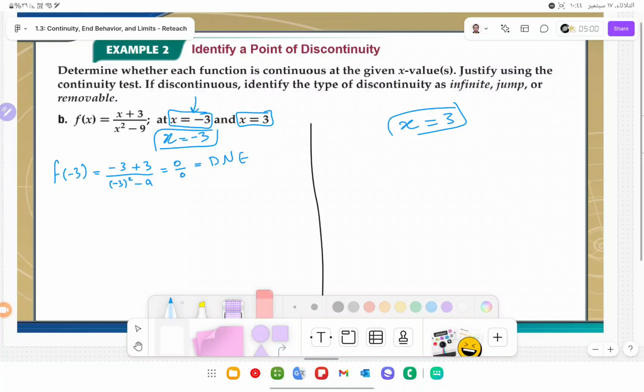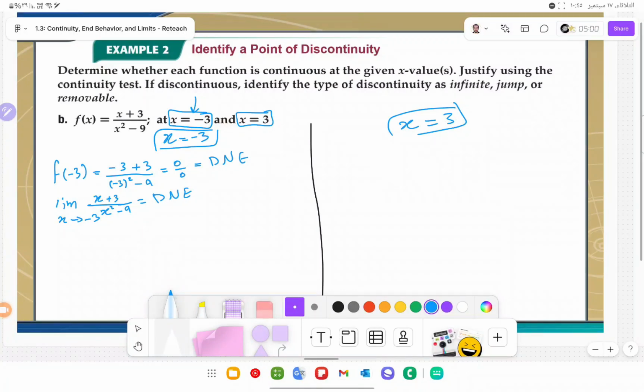Let's apply the limit as x approaches negative 3 of x plus 3 over x squared minus 9. Both of them do not exist, so what I have to do is make a table. When you substitute the value and get does not exist, just make a table.